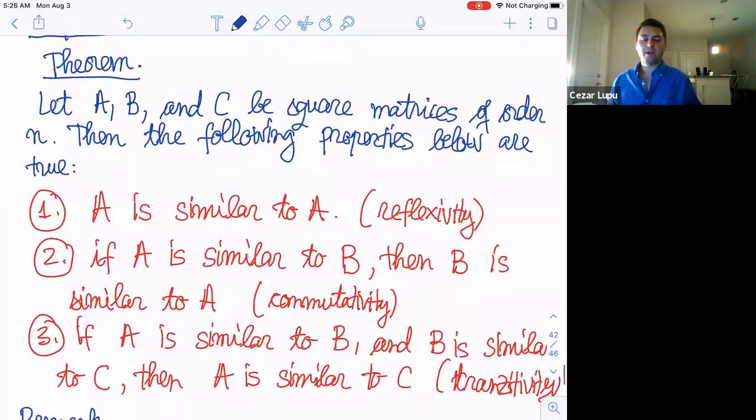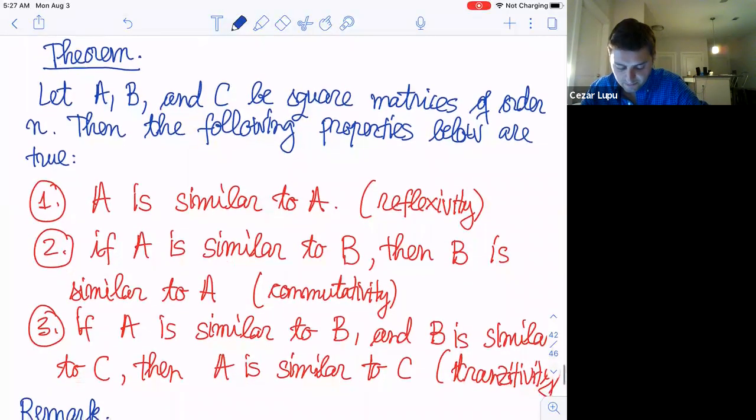If A, B, C are square matrices of order n, then the following properties are true. Of course, the first one, A is similar to A, that's obvious. Then if A is similar to B, then also B is similar to A. And the transitivity, the third one: if A is similar to B and B is similar to C, then A is similar to C.